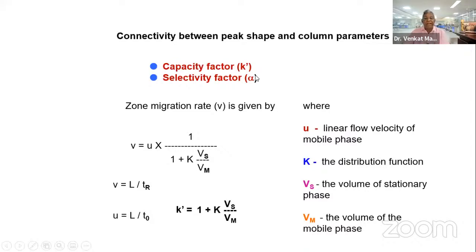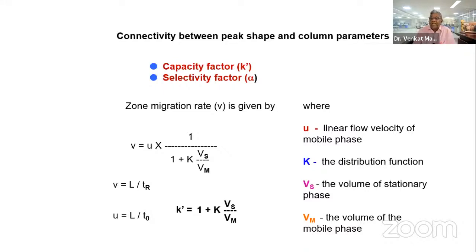The capacity factor and selectivity factor both are related to the flow of the solvent when it passes through a column. When the mobile phase enters into the column along with your sample, the sample comes in contact with the stationary phase.